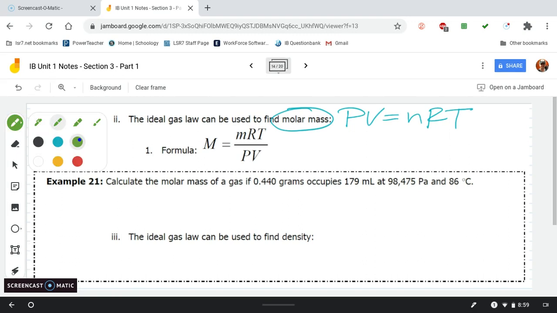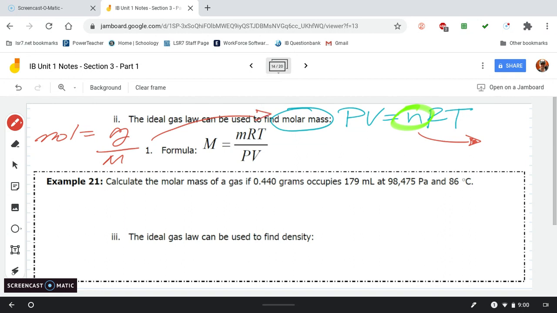This value here, the N, we can break that down into, okay, well, moles is grams divided by molar mass. So if you think about it this way, we're going to take the N and replace it with the fact that moles is our grams divided by the periodic table number, which is M. So M is molar mass.